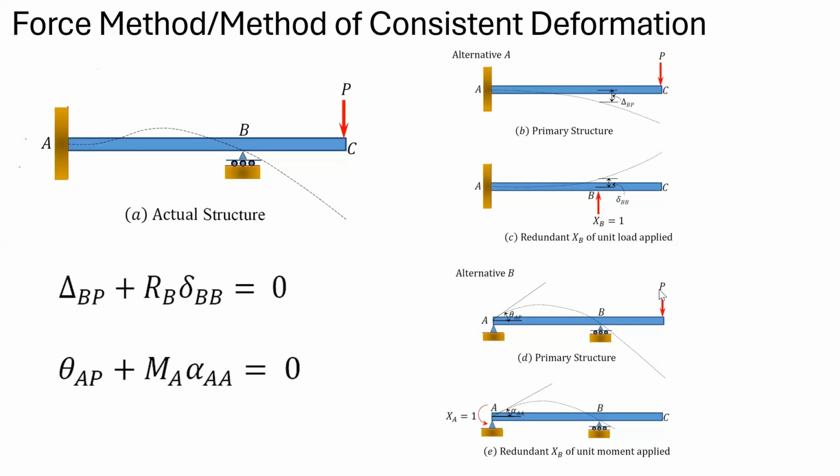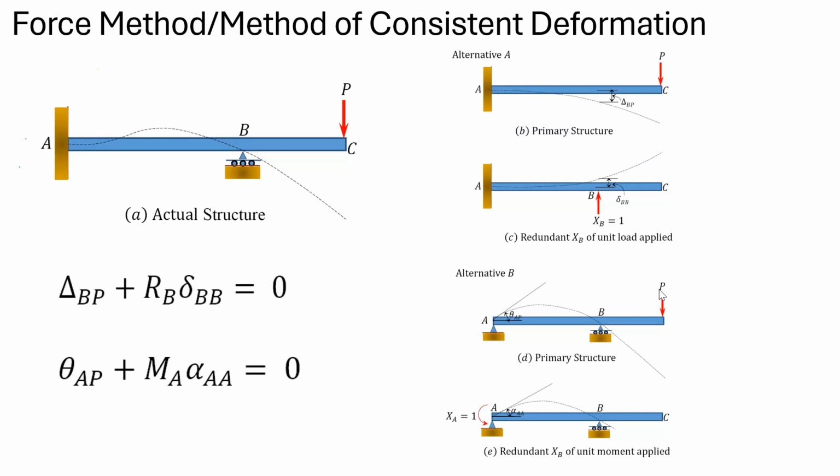If I apply the unit rotation as applied in the first alternative, that is, XA equal to a unit moment of 1, then I will get alpha AA.